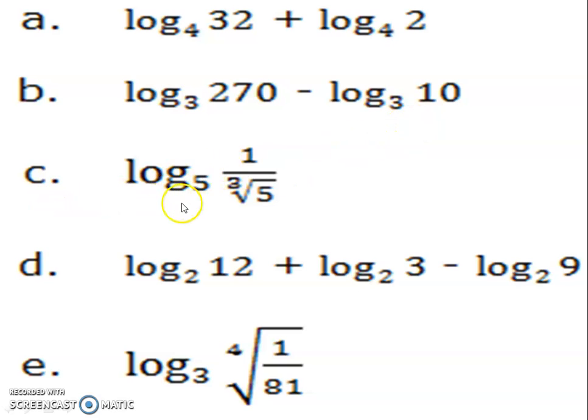Third one, log of 1 upon third root of 5. That means cube root of 5. I once again explain: log of 1 upon cube root of 5 to the base 5. Fourth example, that is D, log 12 to the base 2 plus log 3 to the base 2 minus log 9 to the base 2.